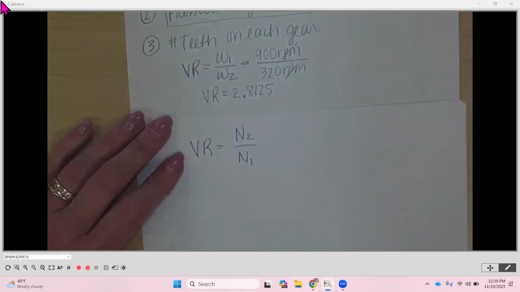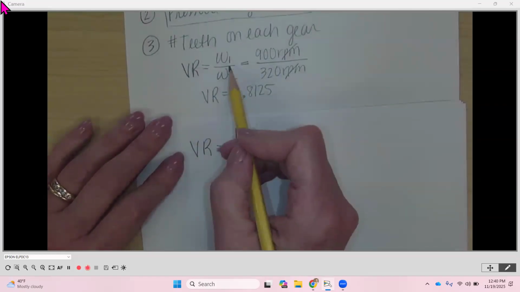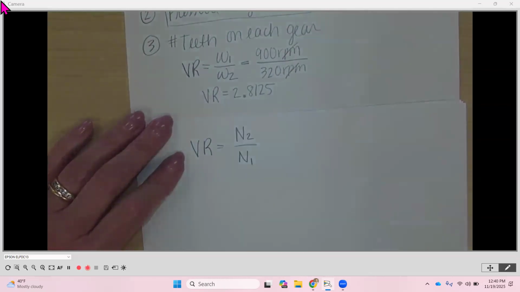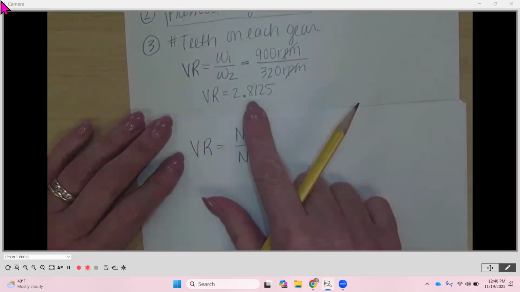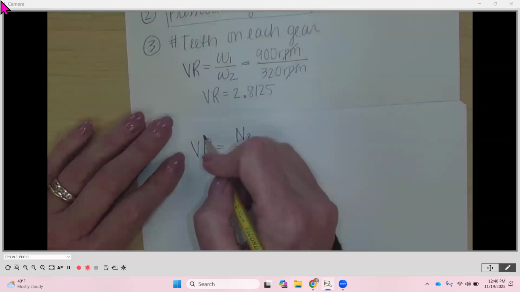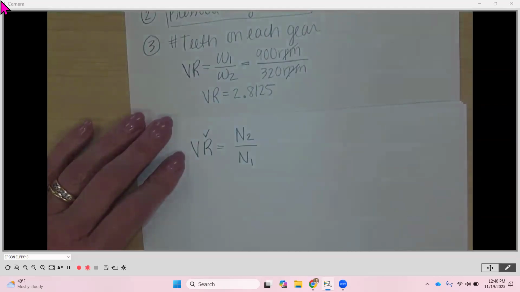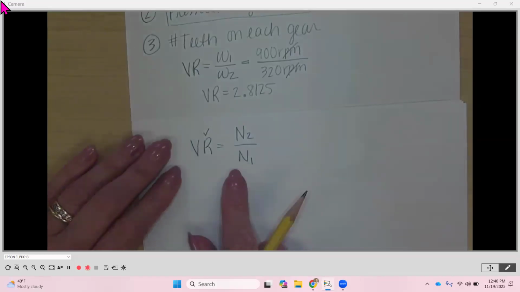When we look at physical sizes or number of teeth, the gear always wins on those. But for speed, the pinion is going to be the one on top. So now we know that our velocity ratio is 2.8125, and the number of teeth on our pinion, which is number 1 here, is in the denominator.